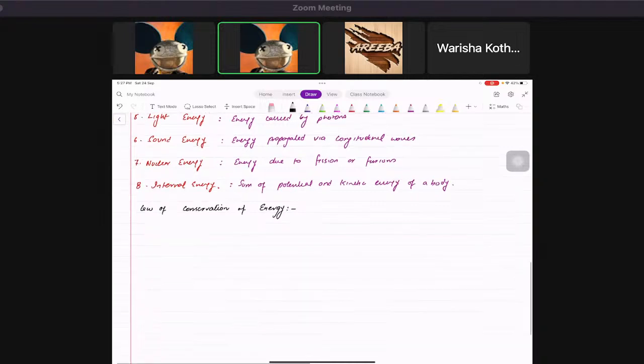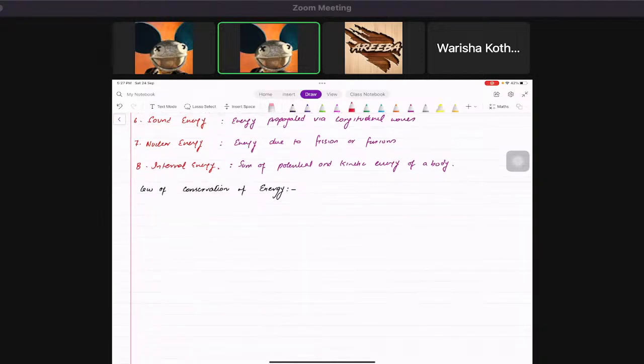Now, this law we studied since O levels: energy can neither be created nor destroyed, it can only change from one form to another.